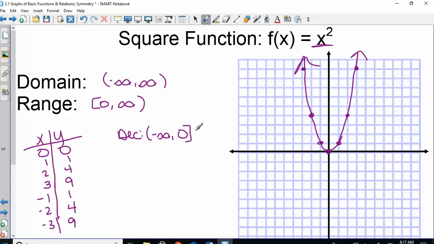As long as it's not an open circle, you could do either. They are equivalent here. Then what does it do after 0? It increases from 0 to infinity. Again, the 0 could get a parenthesis or a bracket. It depends on the textbook you use, so I don't care.